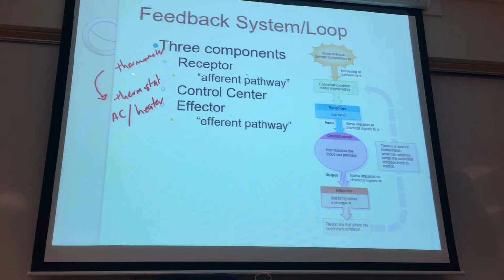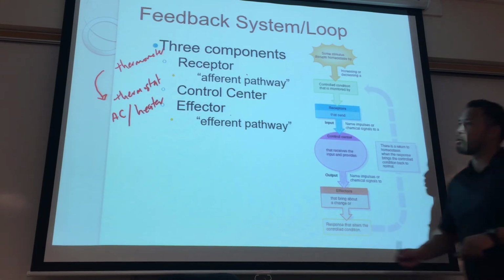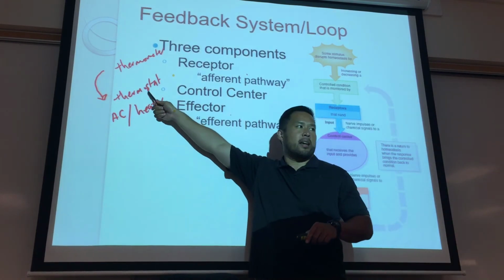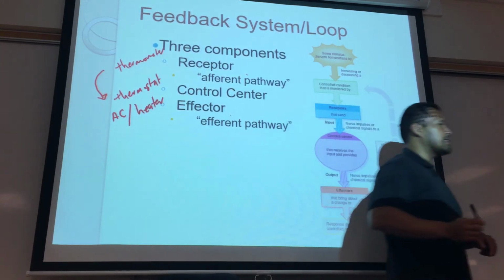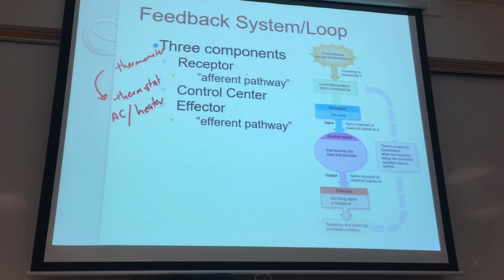If the thermometer is telling me it's 74 and I need it to be 70, the command center is going to say, this is the decision that I want to take place. I want to cool the room. It's going to relay that information over to the next section, which is the AC or the heater, and it'll turn on the AC and say, turn this on.